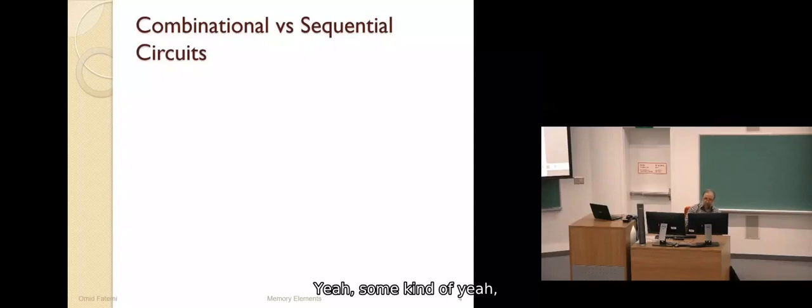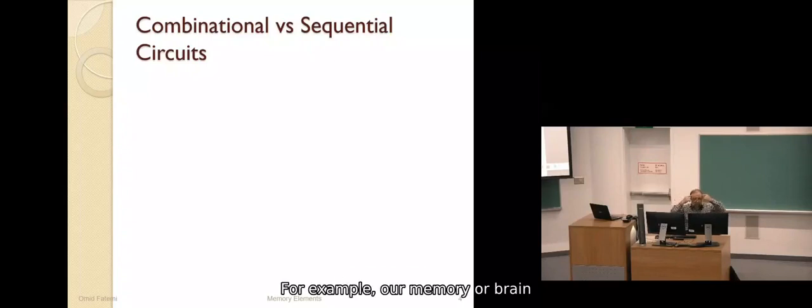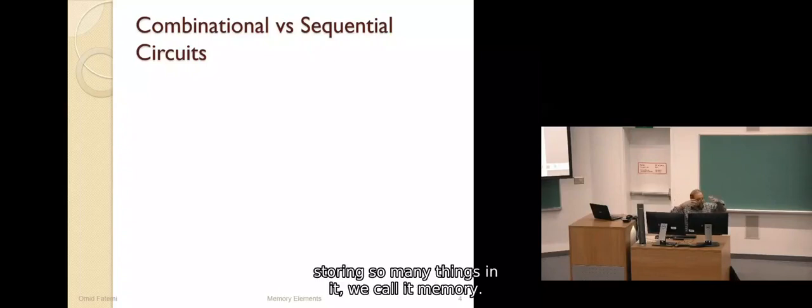So it has some kind of concept of memory. Because when we talk about memory, we think of something that stored something inside it. Memory is that: storing something inside. For example, our memory, our brain, is storing so many things in it. We call it memory.